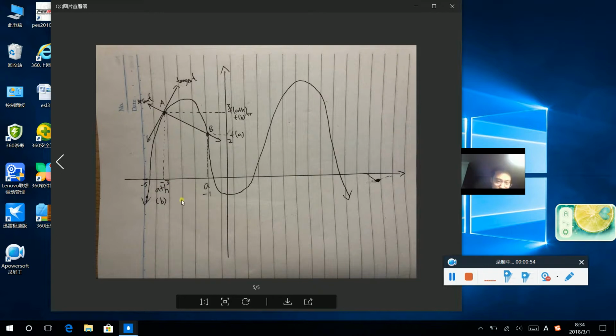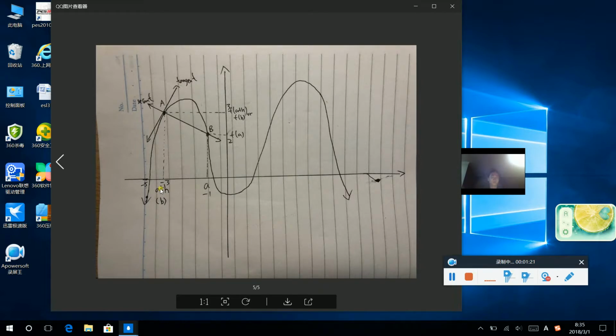In the advanced functions course, we learned the method to calculate the slope of the secant line, which is f(B) minus f(A) divided by B minus A. Over here this is actually point B, but this time I replace it with A plus h.